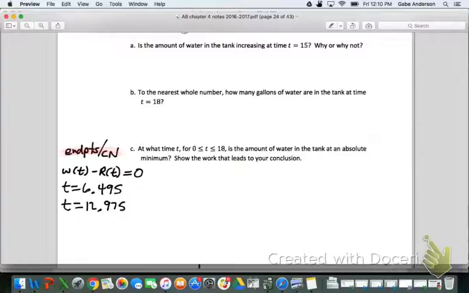We make a table, and I'm going to say my inputs are going to be t's, and they're going to be 0, 6.495, 12.975, and 18. What should my outputs be? That right-hand column. What do you think? What category do we want to find?